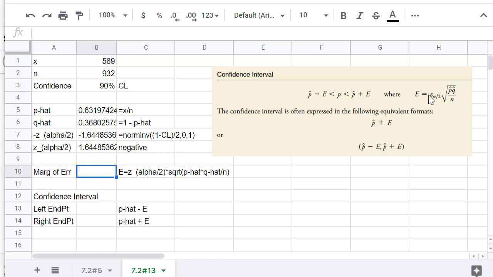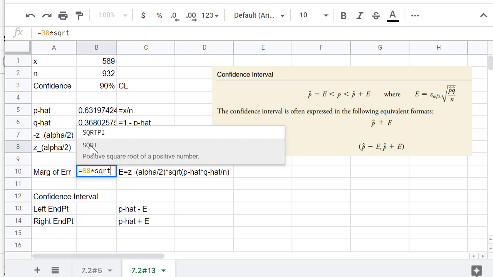Margin of error has its own formula, but we have found the critical value, Z sub alpha over 2. We have P hat and Q hat, and we have our value for N. Let's go ahead and type that in. Equals Z sub alpha over 2, and we multiply this by the square root.